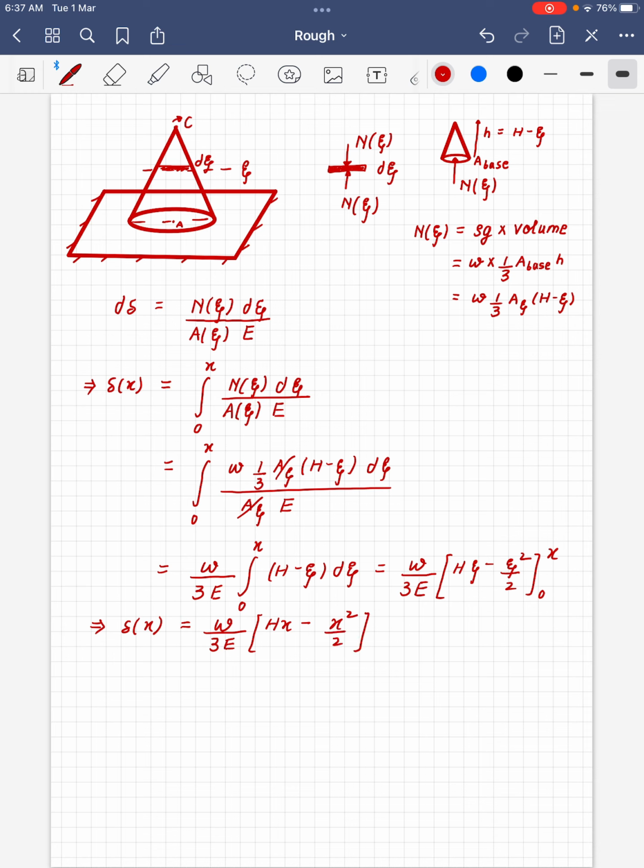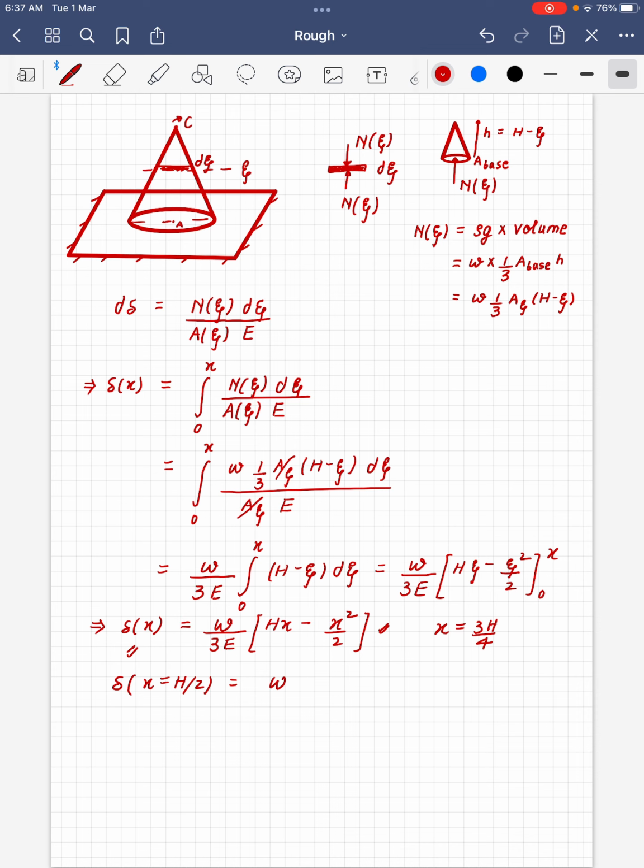So with the help of this formula we can find out the deflection at any point. Let's say if next year it is asked to find the deflection at x equal to 3h by 4, then it can be found out by putting x equal to 3h by 4 in this formula. We have to find out the deflection at mid height, that is x equal to h by 2.